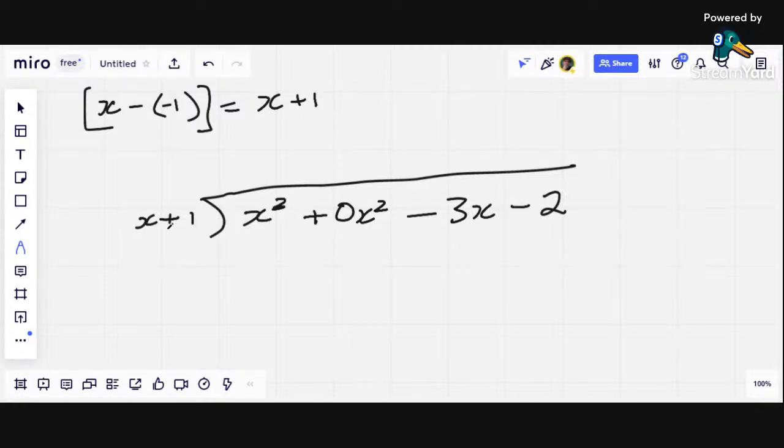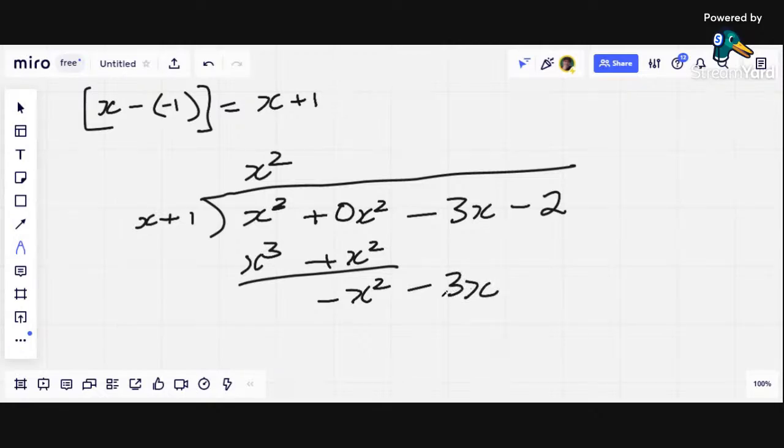We're going to start up here with an x squared. X squared times x is x cubed. X squared times 1 is x squared. Then subtract that, long division style, 0 minus 1, end up with minus x squared, and bring down the 3x.